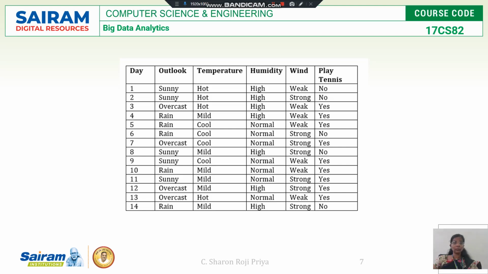First is sunny, no, negative sample. Second, sunny, no, negative sample. Third, no, negative sample. Fourth, yes, positive sample. Fifth, yes, positive sample. So out of 5, 3 are negative and 2 are positive.